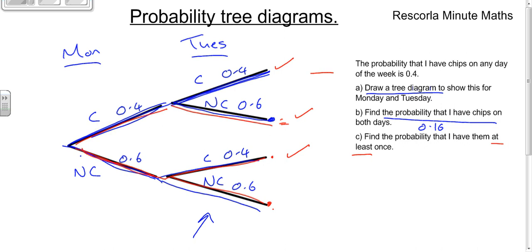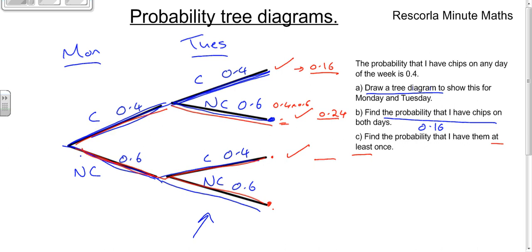So I've got to work out this probability, and this probability, and then I add them all together. So as we said beforehand, there's 0.4 times 0.4. So this one is 0.16. This eventuality here is 0.4 times 0.6, which is 0.24. Again, I don't mind if you use a calculator. It's the method that we're looking at more than anything here.